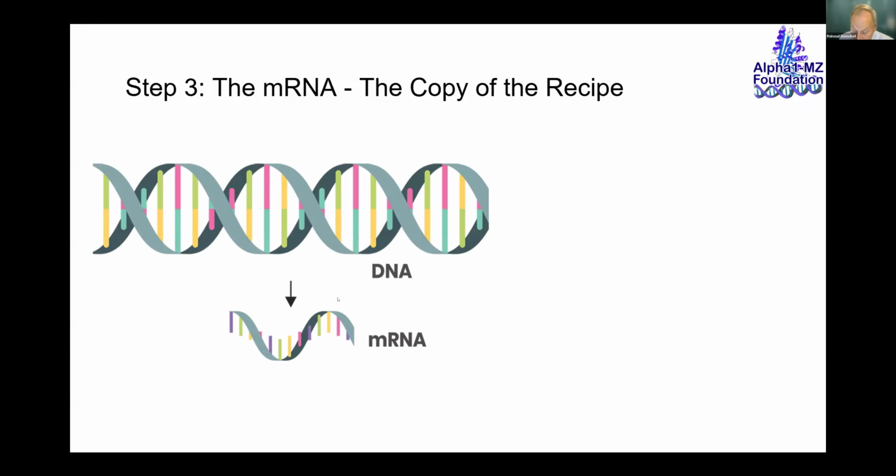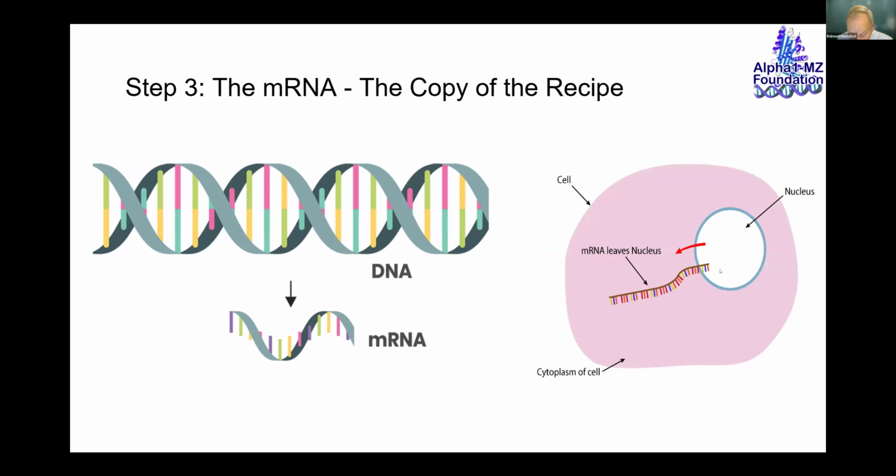The recipe has to leave the nucleus, the core of the cell, to reach the kitchen where it can be read and the ingredients can be collected. Since the DNA can't leave the nucleus, the gene must first be copied. This copy is called the messenger RNA. It's just a copy of one strand of the DNA. The instructions are written in three-letter words, and a three-letter word is called a codon.